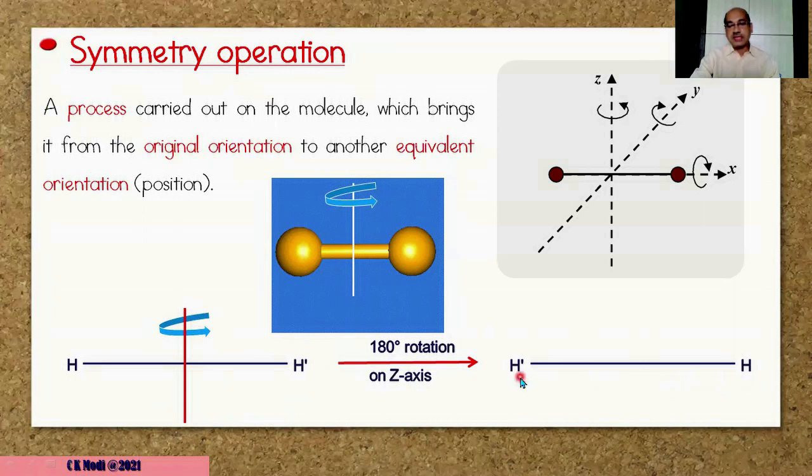Look at this, the other structure. After performing the cyclic operation on this imaginary axis at around 180-degree rotation, we get an equivalent structure.